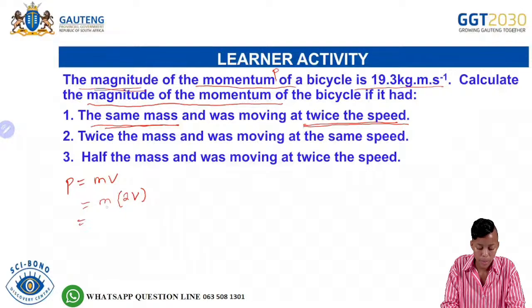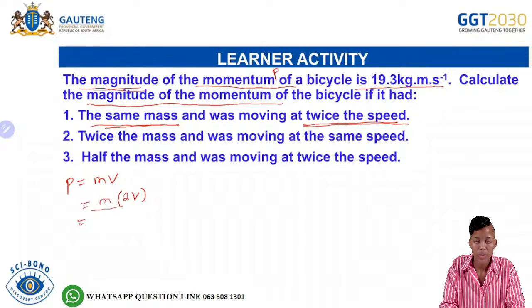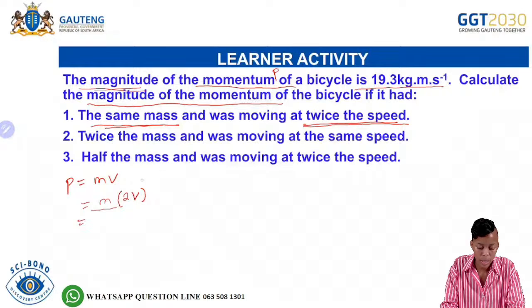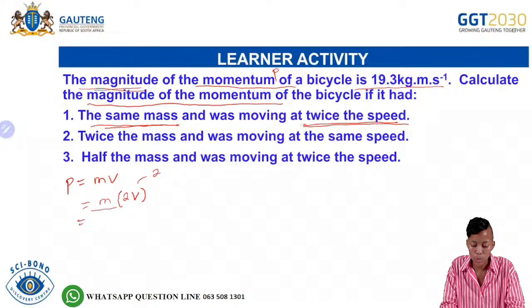If the mass remained the same, let's say the mass was 2 kilograms, the mass will remain the same. But let's say the velocity, for example, was 2 meters per second. The velocity is now moving at twice the speed. So what do we need to do? We multiply whatever we have as the velocity by 2.